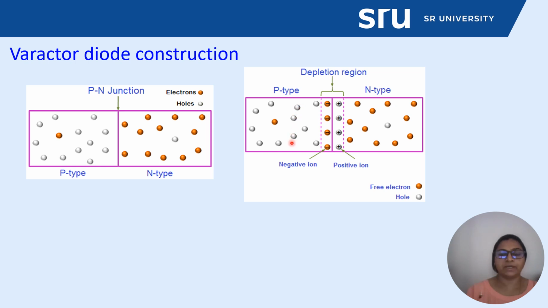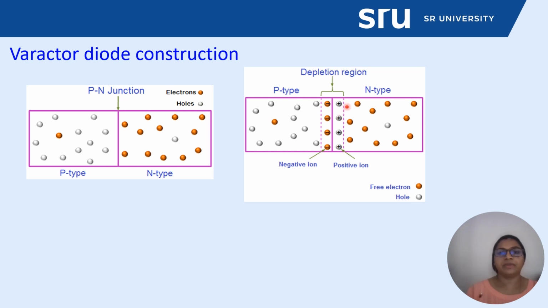Since this is the p-type material, near it the negative ions will dominate, and for n-type the positive ions will dominate. So this depletion region is made up of positive and negative ions.